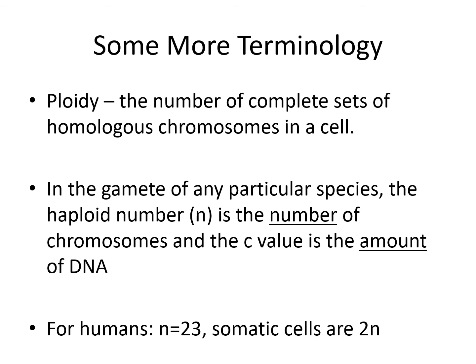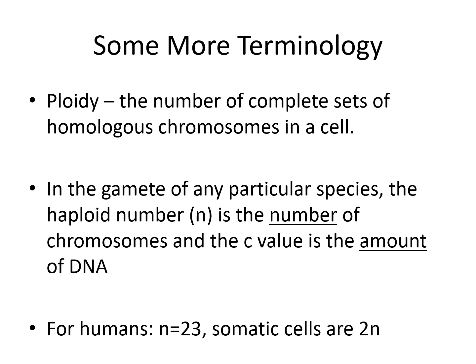If we've got a cell that is diploid, but not undergoing division, it is going to have a value of 2. So a cell in G1 of interphase is going to have a C value of 2. A cell that has gone through the S phase, so it's replicated its DNA, so all of its chromosomes consist of 2 pieces, has a C value of 4.